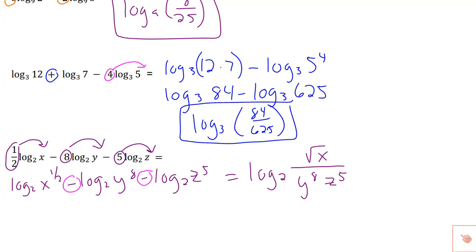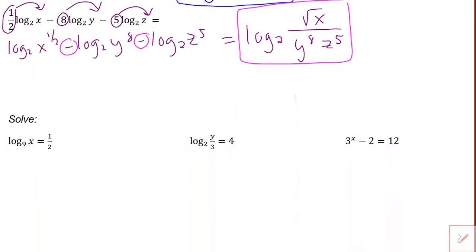They are both going to go down in the denominator of the division. So just to reiterate, anything that has a negative in front of it is going to go in the denominator when you're condensing, because negative implies subtract, and subtract when you're condensing turns into division.